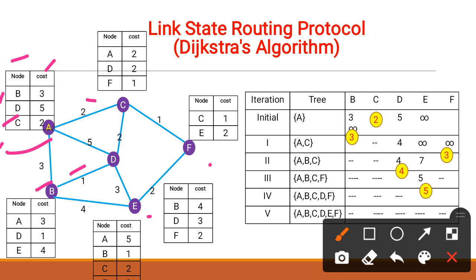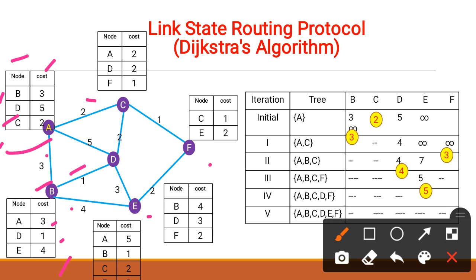So these nodes are direct connections with the cost 352. Same case for B also. B is directly connected to A, D, E, with the cost 214.